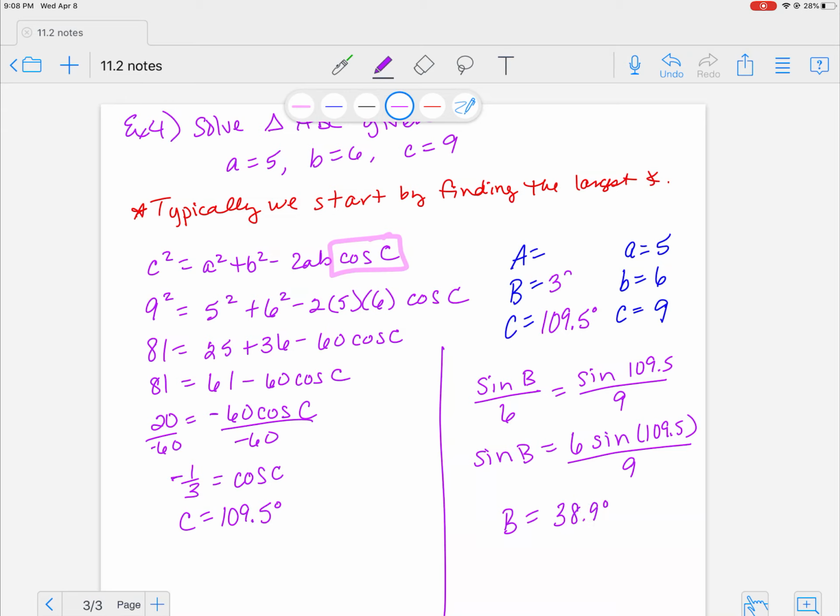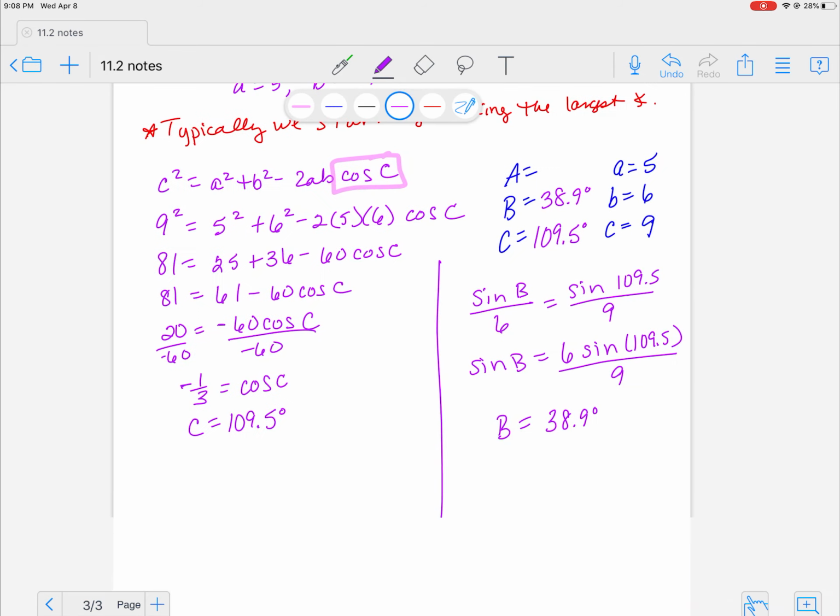So the sine of B is equal to 6 sine of 109.5 divided by 9. So B, so you can take the inverse there, right? B is going to be 38.9 degrees.